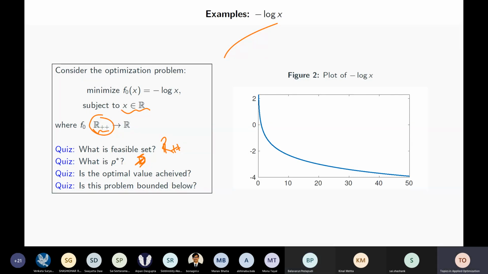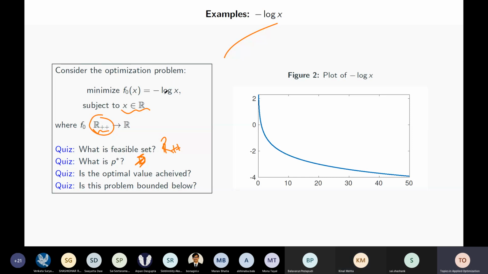No, the question I think is correct. Log of x, and it's minus of log x. P star should go to positive infinity or negative infinity? Negative, sorry, negative infinity. Okay, it is going to negative infinity.